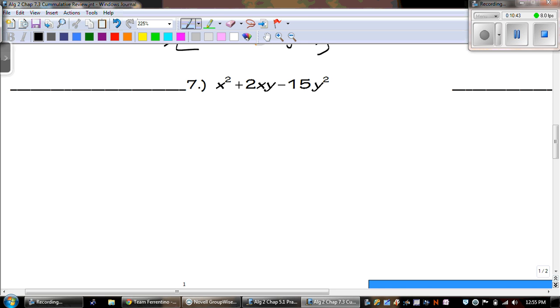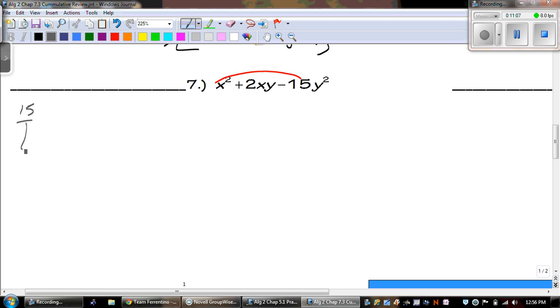Okay, number 7. What do we have to do? Is there a GCF? No, it's close because maybe they all have X's or maybe they all have Y's, but they don't. Okay, so this is where we have to start doing the multiples, okay?